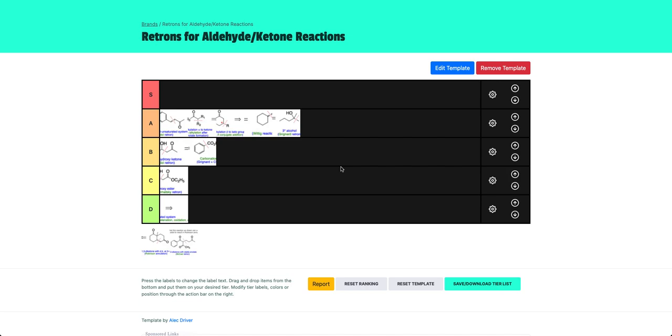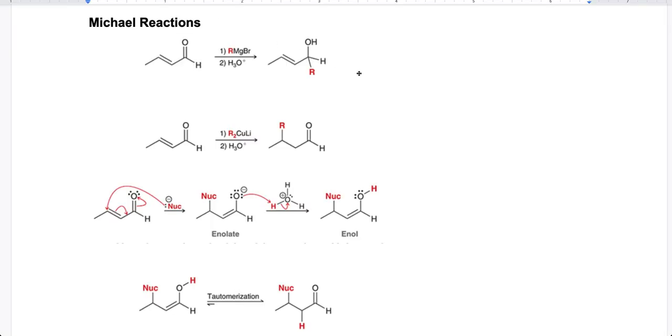The next reaction is going to be a Michael reaction, which is very useful. It just uses molecules that have been created before, and you can add R groups as seen here. If you have a Grignard, it adds to this initial position, but then it adds to the beta position using nucleophiles or cuprate groups, which is incredibly useful, especially for the next one.